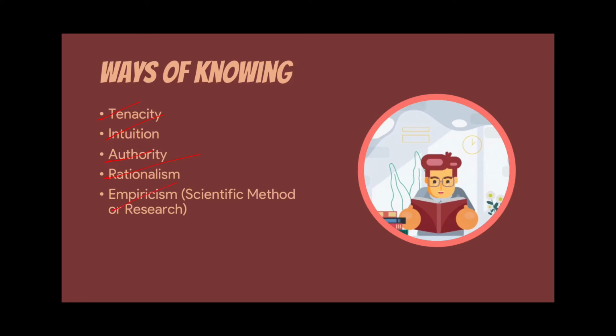And finally, the highest of all, which is related to research, is empiricism, or we call it the scientific method, or simply research. The empirical method uses observation or direct sensory experience to obtain knowledge, and that's the example that I just gave you. To verify whether anxiety driven by COVID-19 really decreases quality of life, I did a survey among thousands of students during the ECQ period.